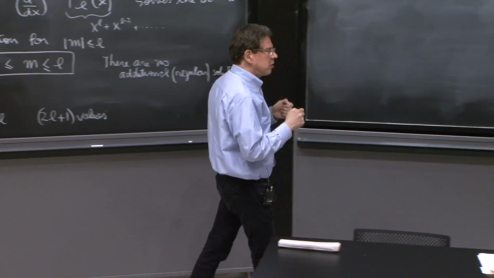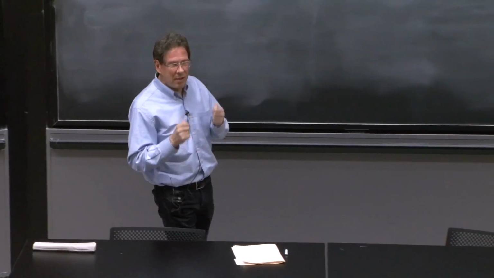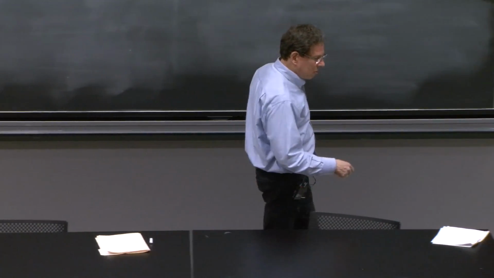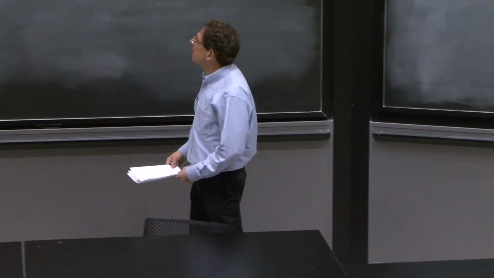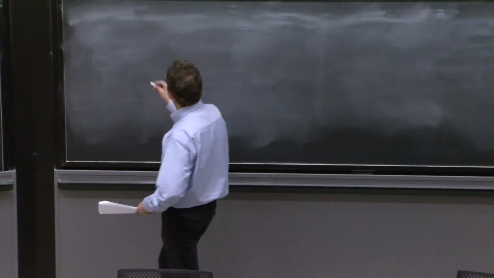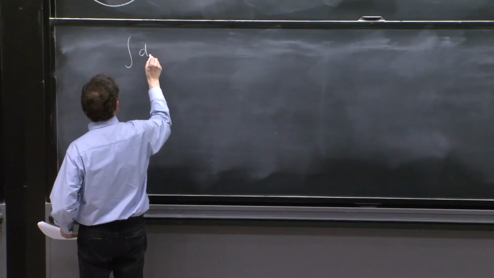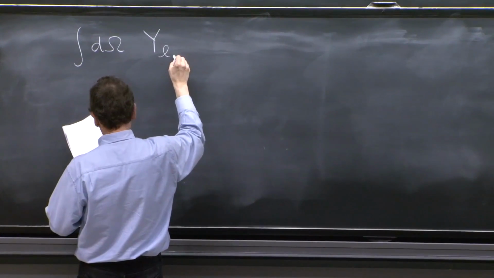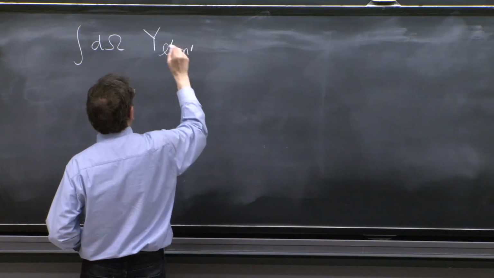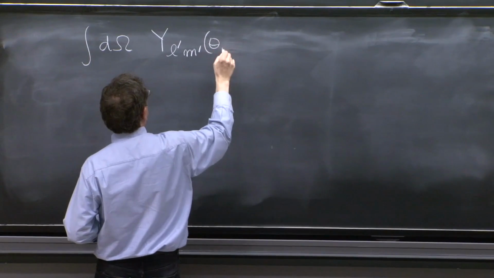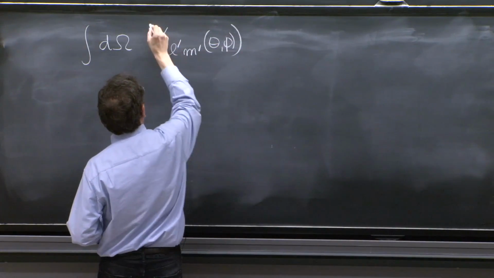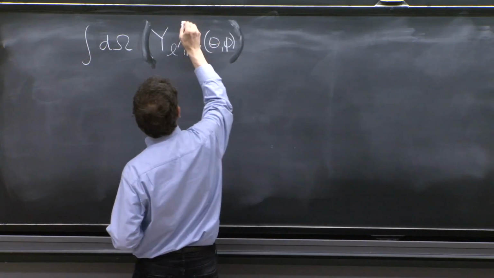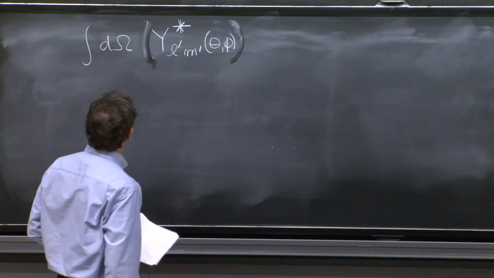So eigenfunctions of Hermitian operators with different eigenvalues have to be orthogonal. So we'll write the main property, which is the integral of Y_{L'M'}(theta, phi), and you'll put the star here. Well, I'll put the star just on the Y. It means complex conjugate of the whole thing.